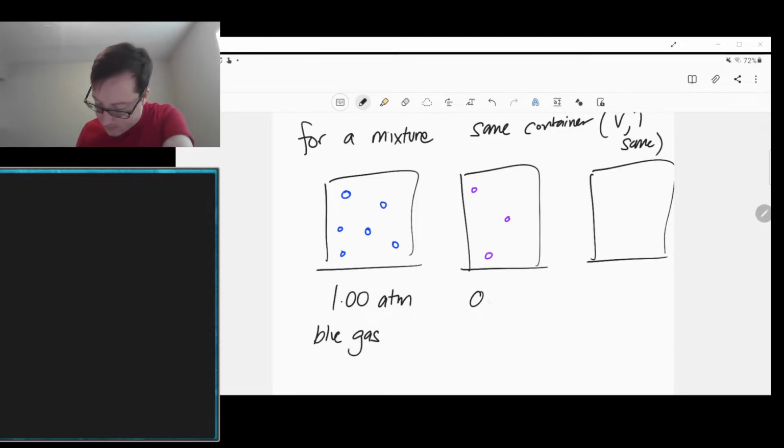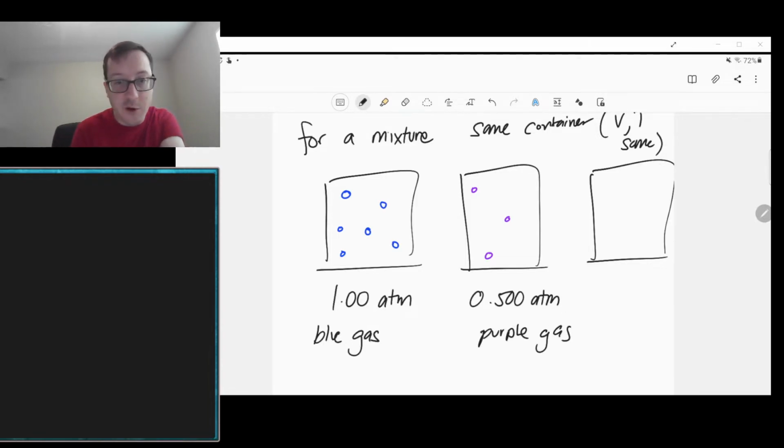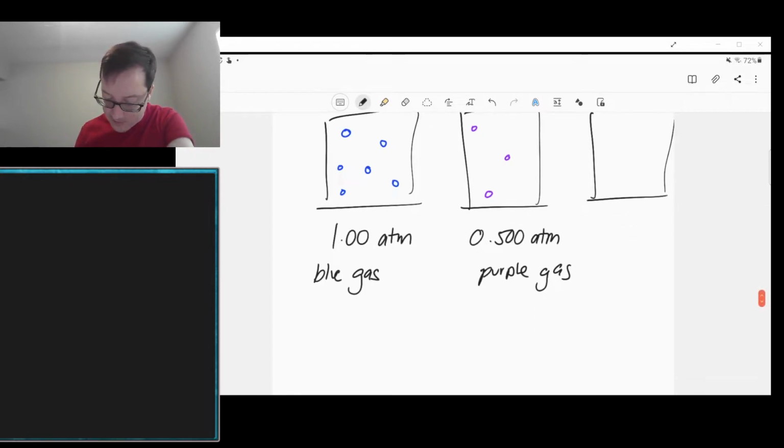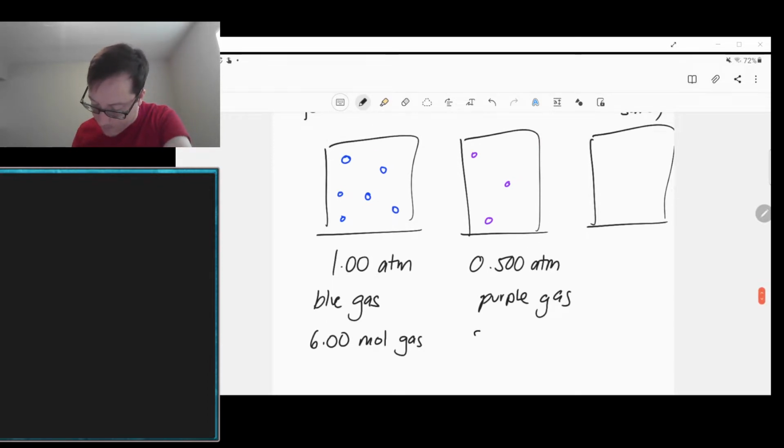I can also say that this one's just 0.5. I'm just arbitrarily giving these numbers. And let's make it real easy. I have 6 moles of gas, and in this other one, I have 3 moles of gas.